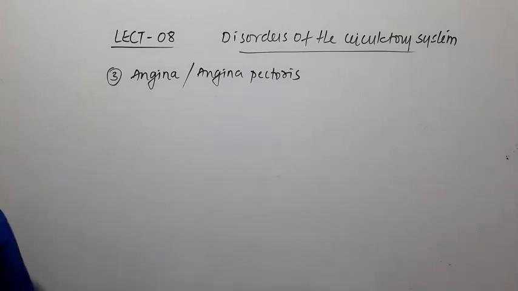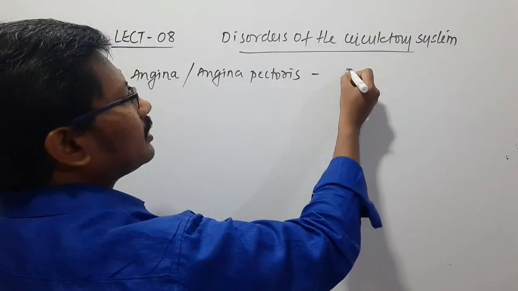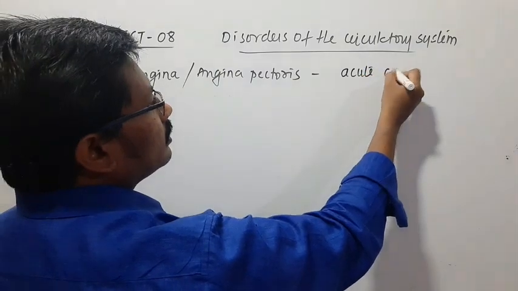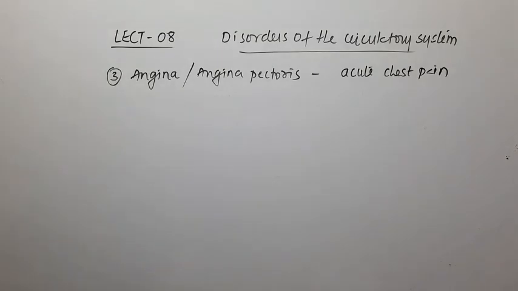The meaning of angina or angina pectoris is an acute chest pain, which means a pain that starts suddenly. This will happen when there is no oxygen supplied to the muscle, I mean the heart muscle.